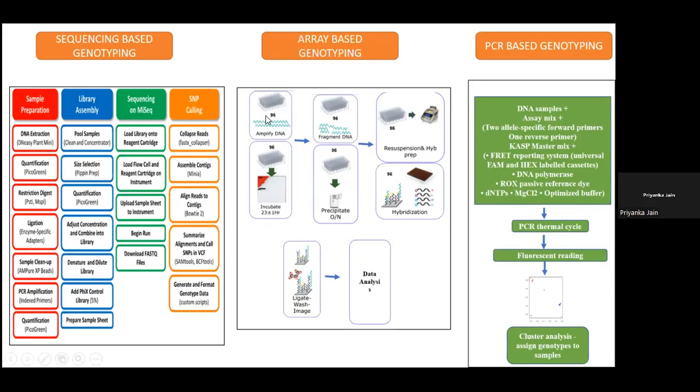Initially the DNA is prepared, and then it is loaded in the hybridization step. It will be loaded in the final array, but before that, in this sample box, different DNA samples are present, which are fragmented. In all three types of method, DNA is first fragmented because the size is very big.